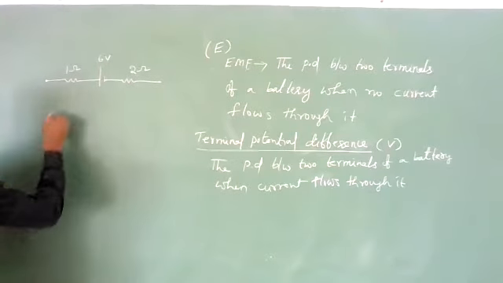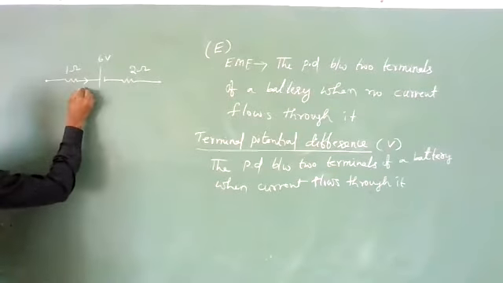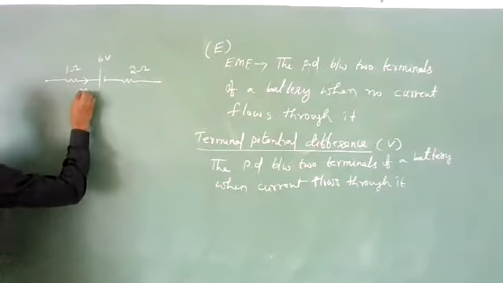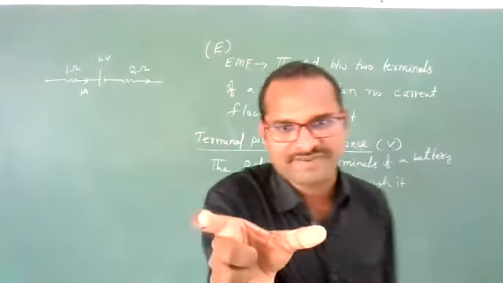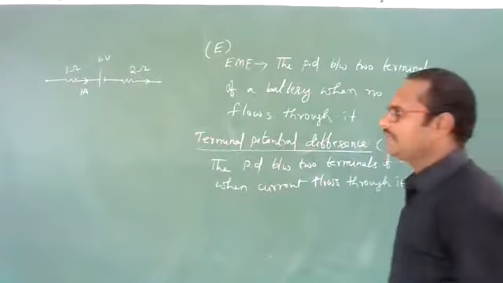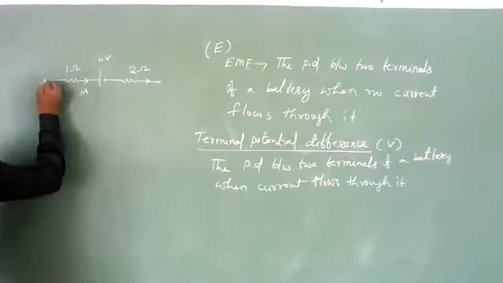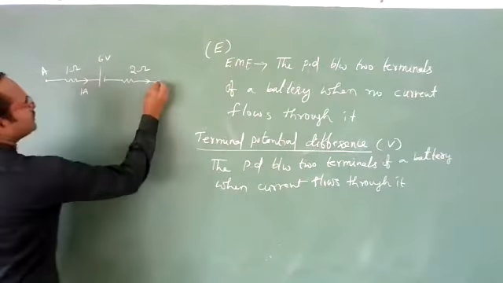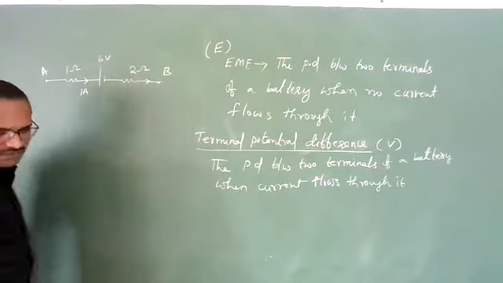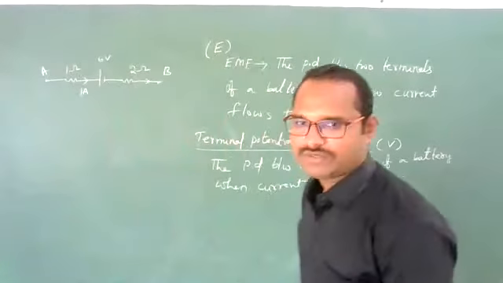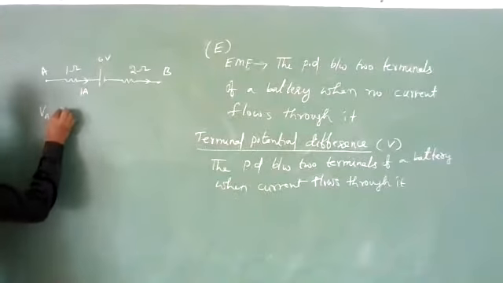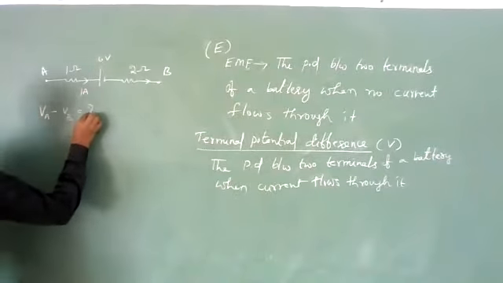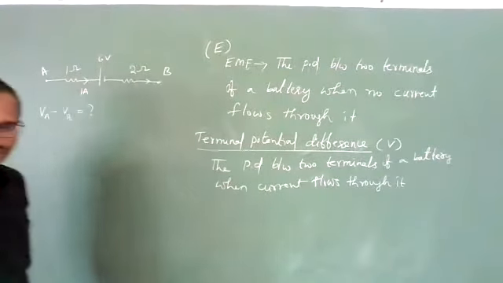Across this battery, let us suppose 1 ampere current is flowing. Let us suppose this is one part of a branch circuit. Let this point be A and this point be B. Sometimes you may get a question to find the potential difference between points A and B. What is VA minus VB?